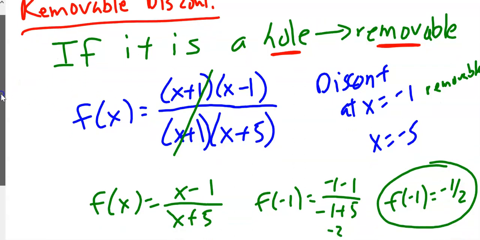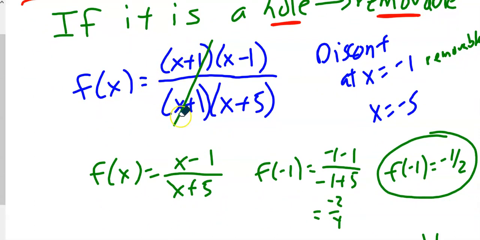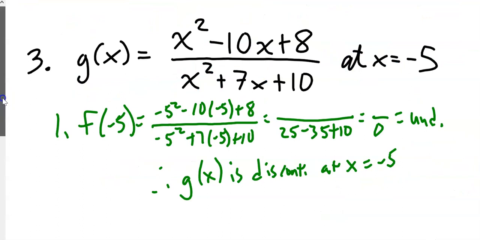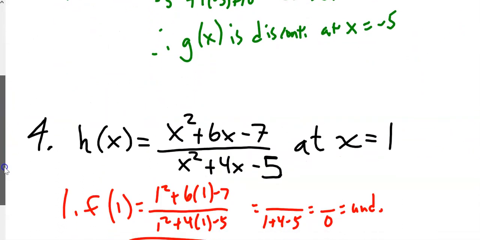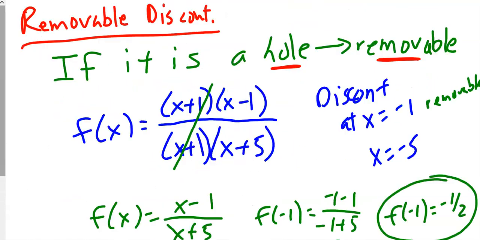I just made up a problem here and I've already worked it through. If I have this problem and I factor it, and again I'm going to refer back to 3 and 4, if I factor these, top and bottom, I would be able to determine whether x is a hole or a vertical asymptote in problem 4, and the same thing with -5.